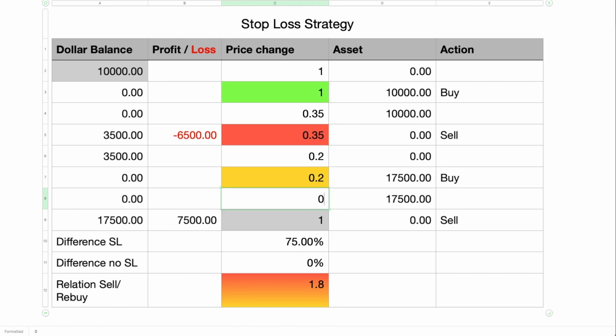If you had rebought, you would now have 17,000 XRP, and now we're around 30 cents, let's say. So your loss would have been reduced by almost 50%. Actually, you would have now only 50% loss instead of 70% loss.